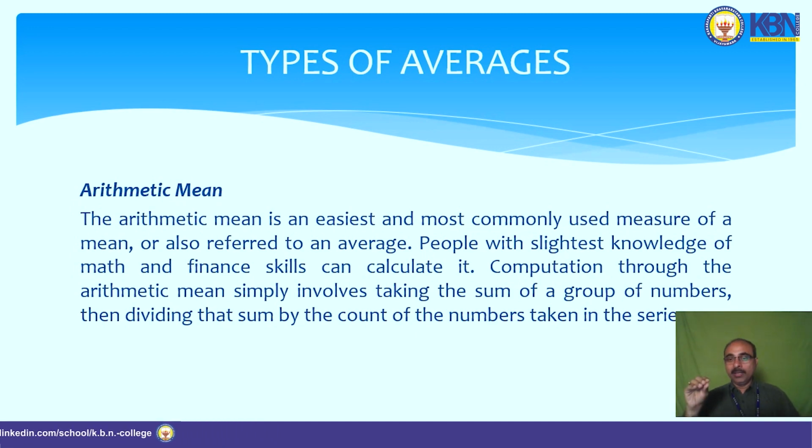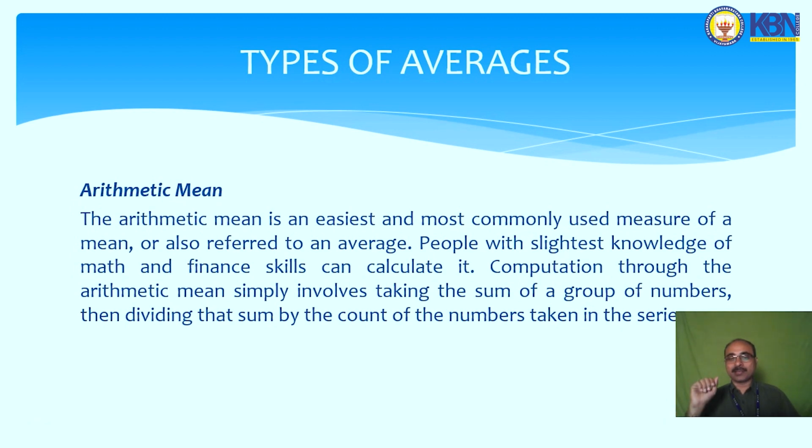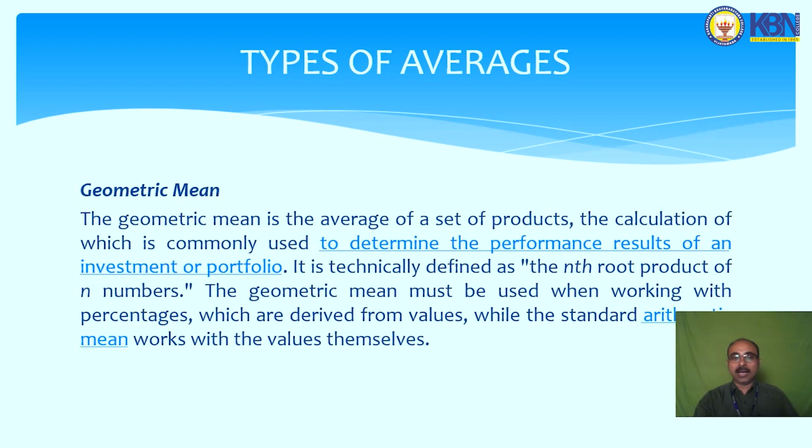In simple terms, it is the total sum of a group of numbers divided by the count of the numbers in the given series. We simply take it as sigma x by n. Sigma represents the total and x represents the given values. The total of the values divided by the number of values is the simplest formula for computing the arithmetic mean.